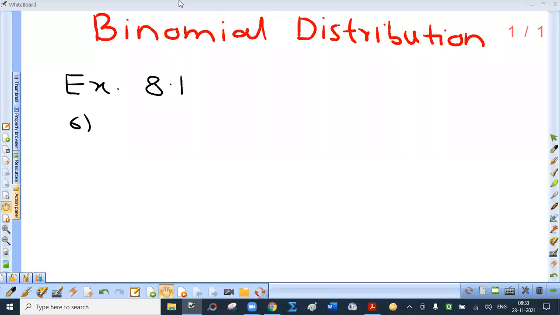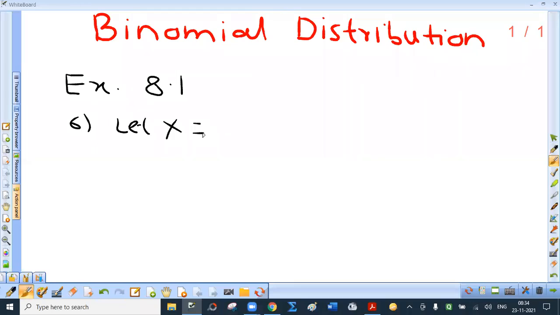Okay, write the solution. Let capital X equal the number of balls marked with digit 0.